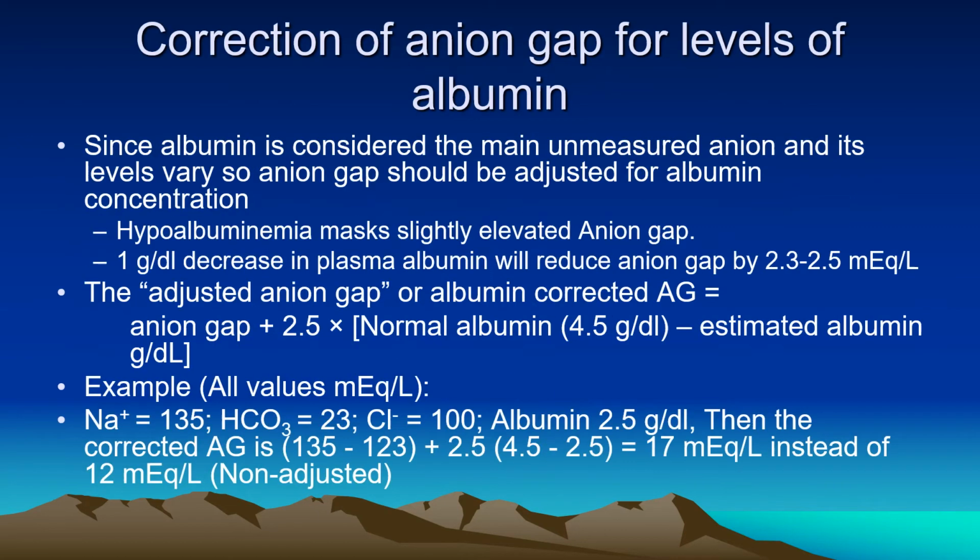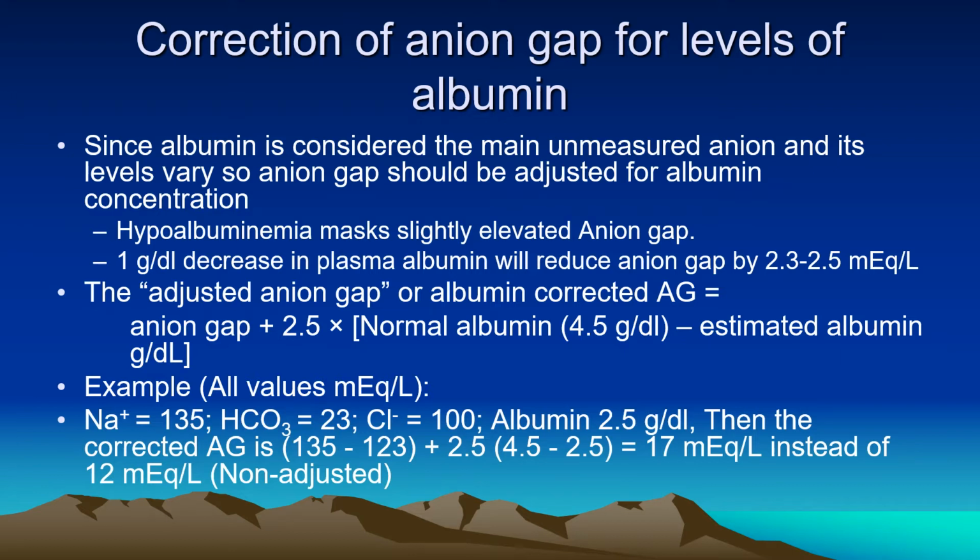As stated earlier, the anion gap should be corrected for the level of albumin, because albumin is considered to be the main unmeasured anion and its levels would vary.